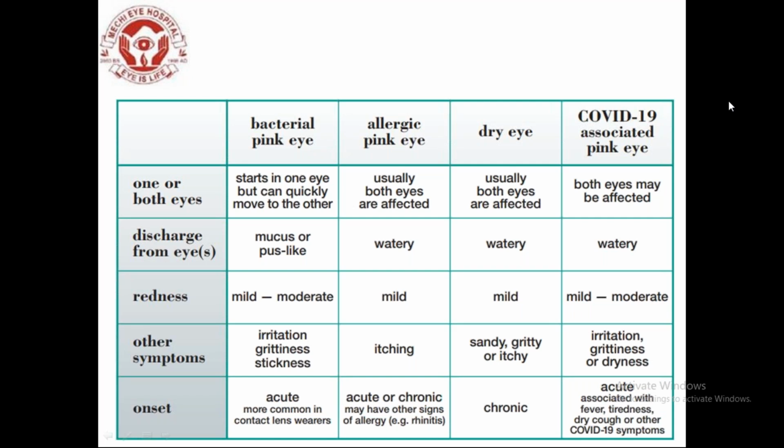Now, if we need to differentiate COVID-19, dry eye, allergic pink eye, and bacterial conjunctivitis, the main feature is the other symptoms like associated fever, tiredness, cough, and the preauricular lymphadenopathy.